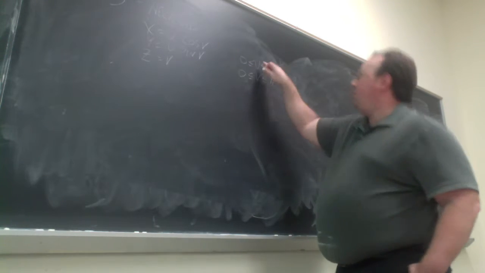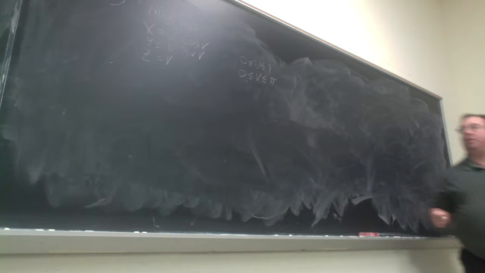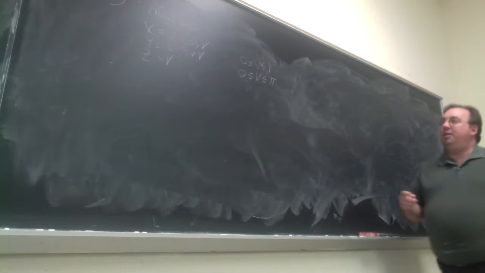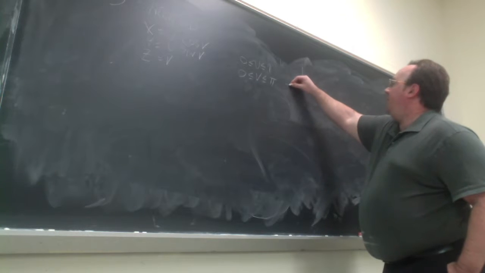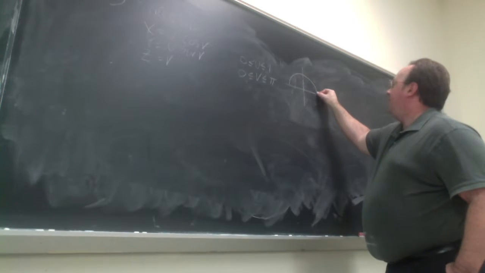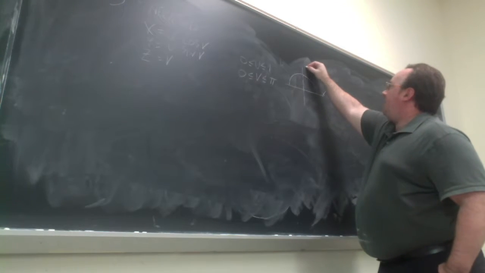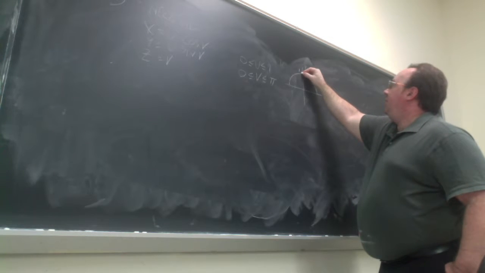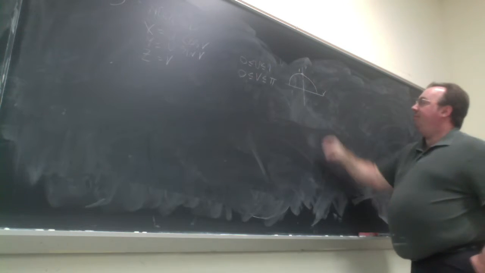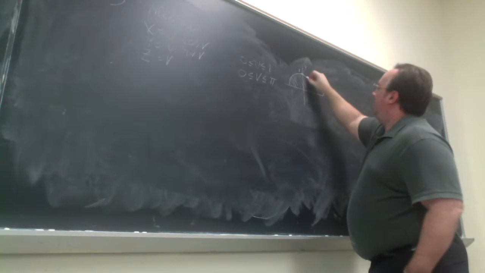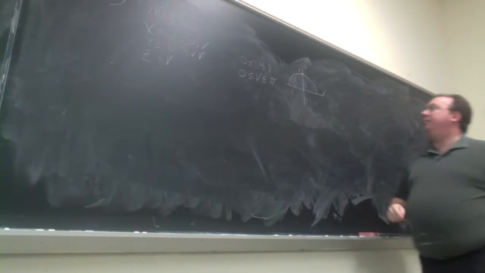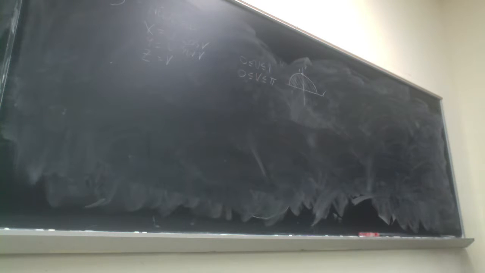So u is playing the role of our r, and v is playing the role of our theta. So if we just looked at x and y, what we would get is the top half of the unit disk. But that does not take into account z.